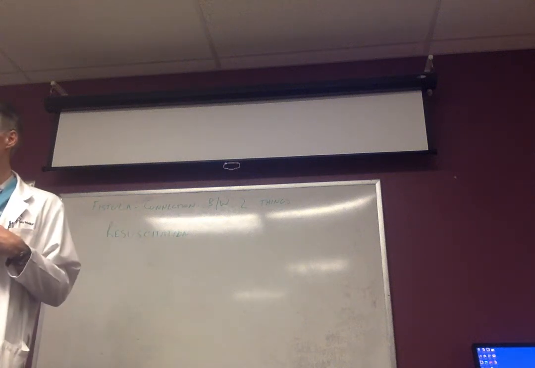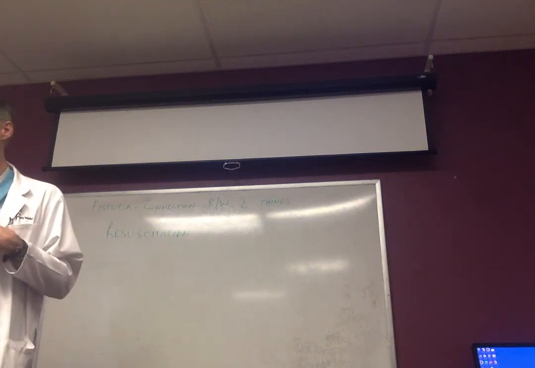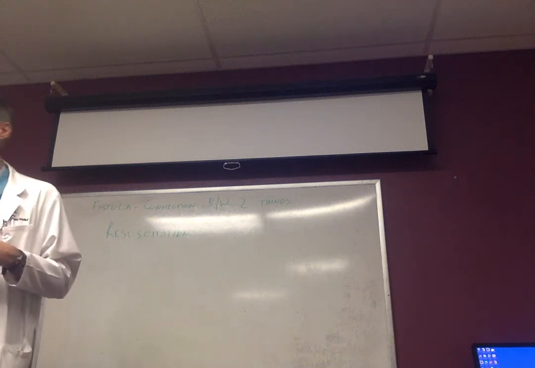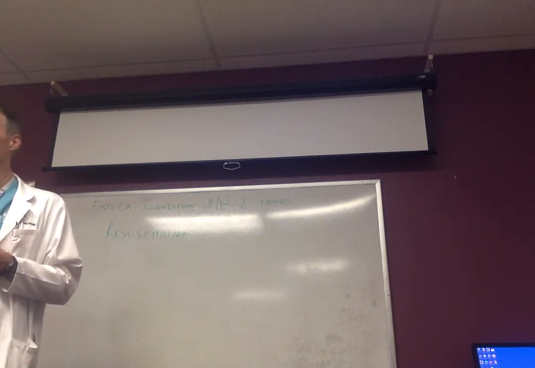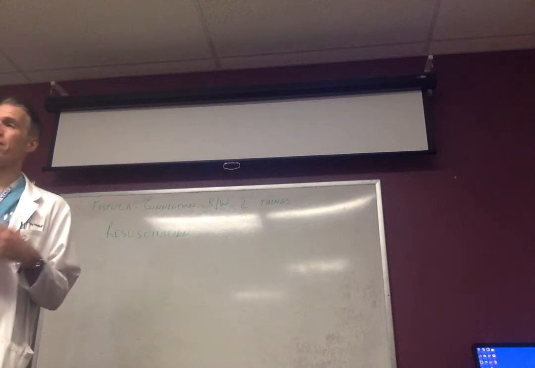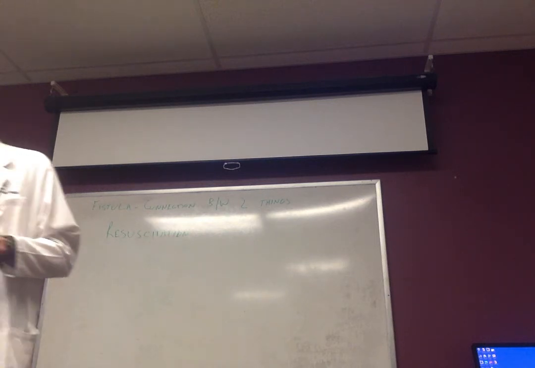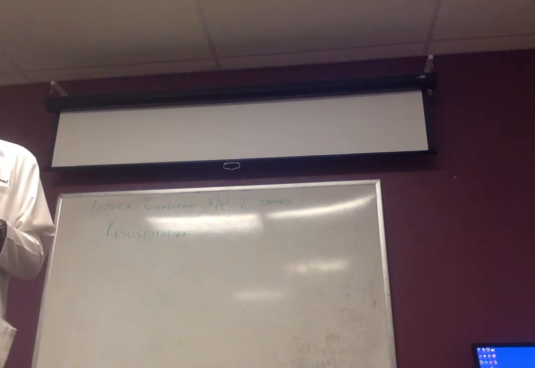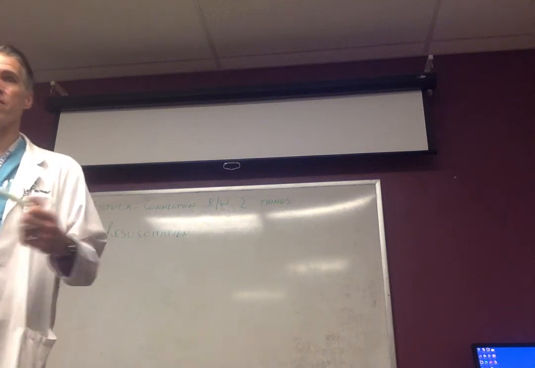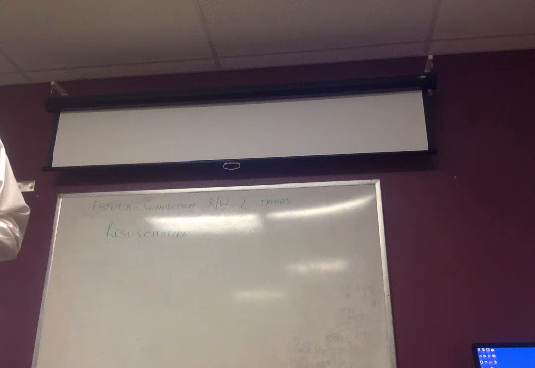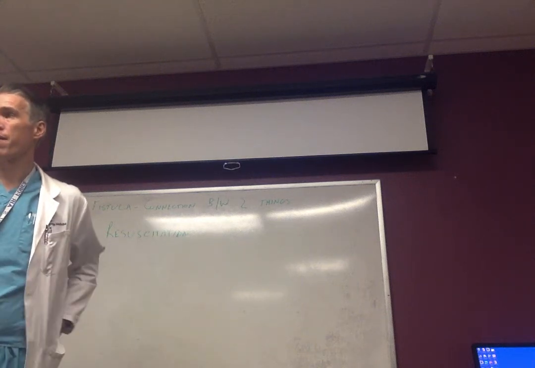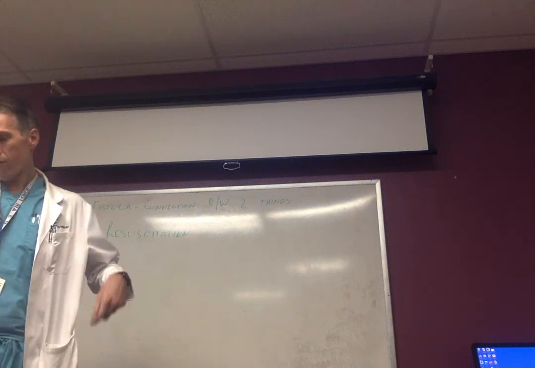Say we both need to make 30 cc's an hour, probably not true. So say 0.5 cc's per kilogram per hour. That's a little more accurate, a little more reflective, and it's going to help you take care of patients better. Take your weight in kilograms divided by 2. That's how much you should be making every hour.